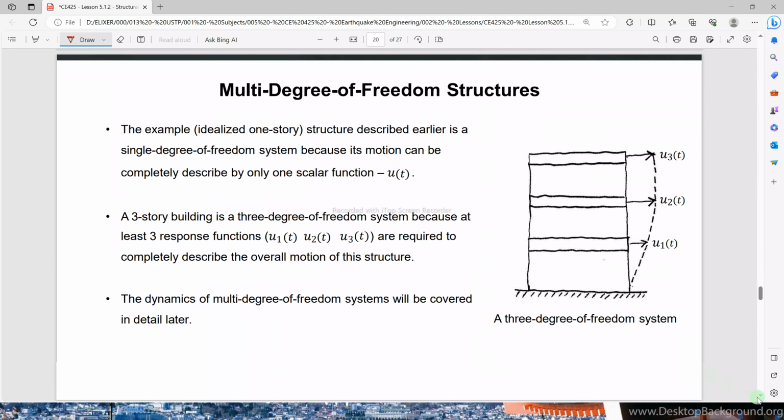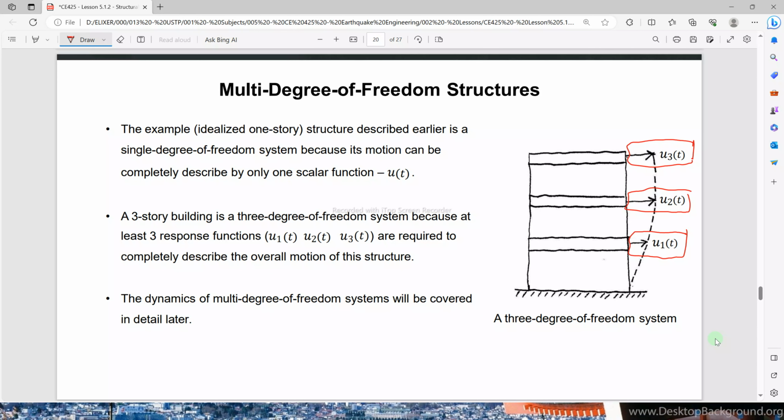Now, how about if it is not a single degree of freedom, not a one-story, but a multi-story building? Each floor or each story has a differing lateral displacement or deformation. So for this one, since the motion is not of one degree of freedom, we have three motions here, one per story.